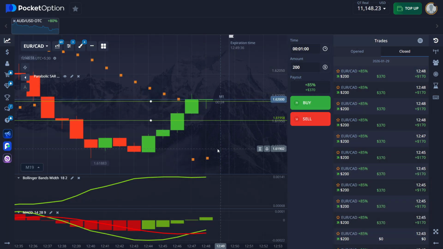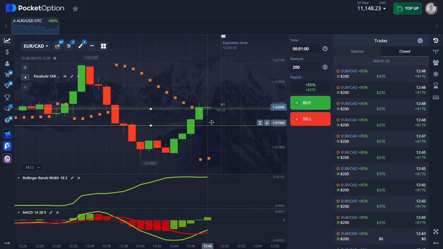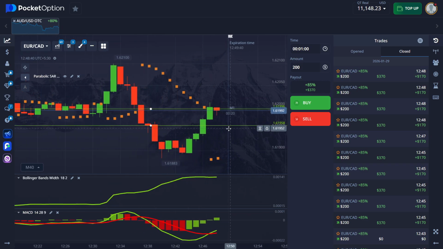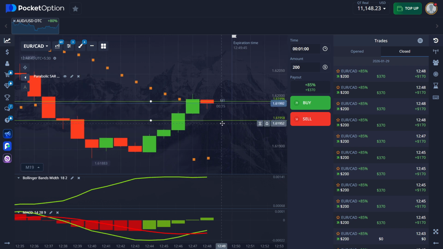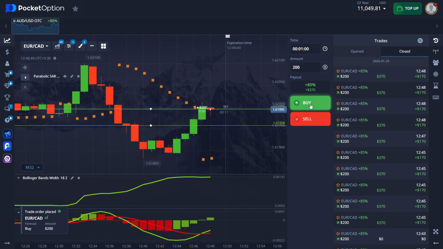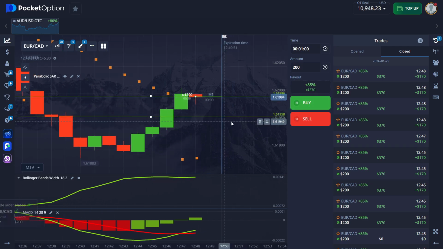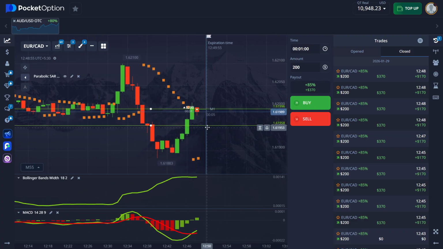All right. My balance is now $11,148, and I will wait for this candle first. Once this candle is completed, I will be placing more trades towards the upward direction. I placed the trade, but I took a single trade here.